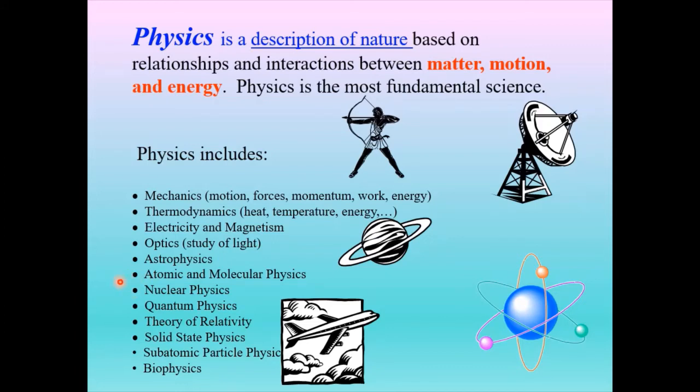We will be talking about the atom and the nucleus of the atom. And then there are other branches of physics that we won't be talking about in this class, such as quantum physics, the theory of relativity, solid-state physics, subatomic particle physics, biophysics, and the list goes on and on. So physics is a very, very broad and also very fundamental science.